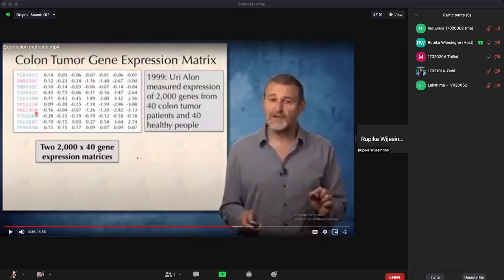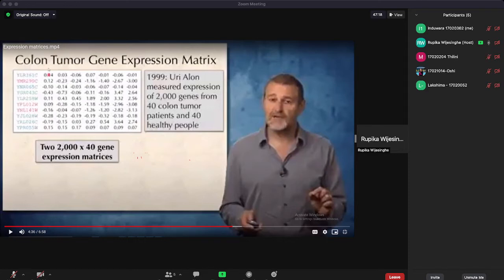I mean, the type of data. 2000 genes are in the rows, and healthy and unhealthy are in the columns. Yes, okay.